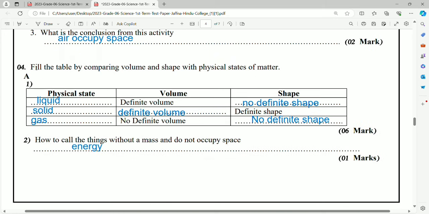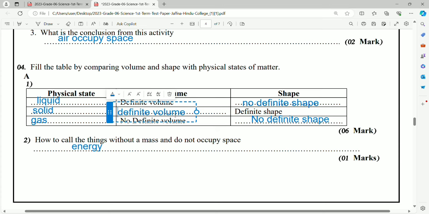Fill the table by comparing the volume. We already discussed the physical states. Only one physical state has definite shape, that is solid. Solid has a definite shape and a definite volume too.